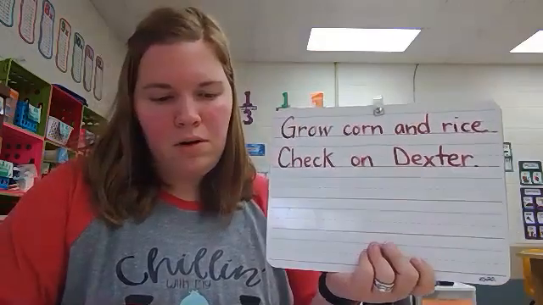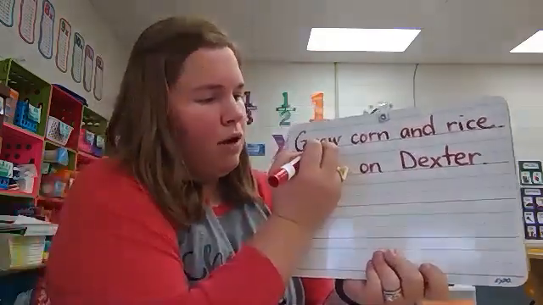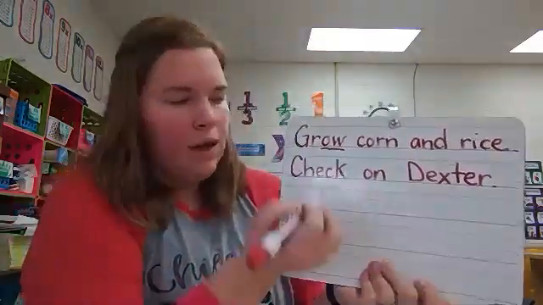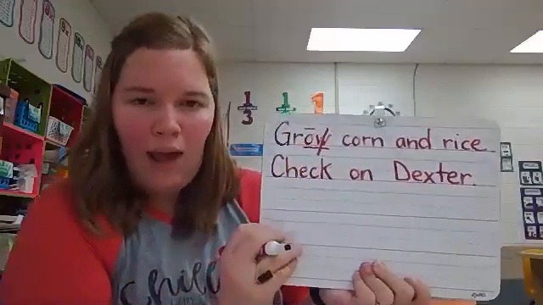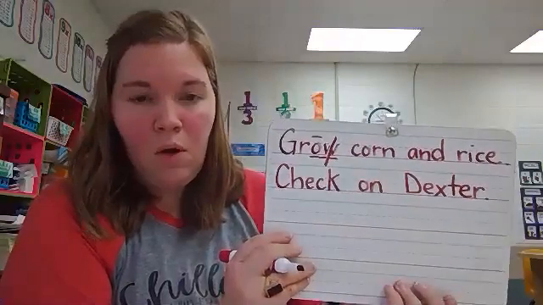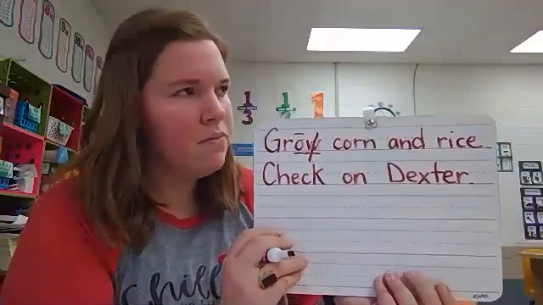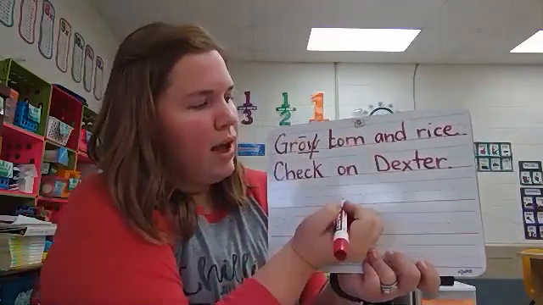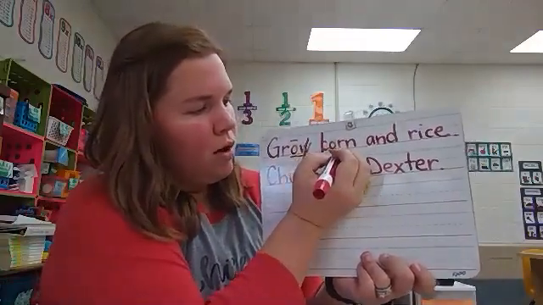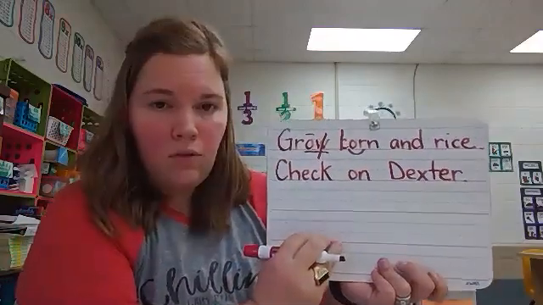The first word has digraph OW. So we will underline the digraph, put a macron above the O, cross out the silent W. Grow. Next, we need a K back on the C, and we have combination OR. Can you read the next word?